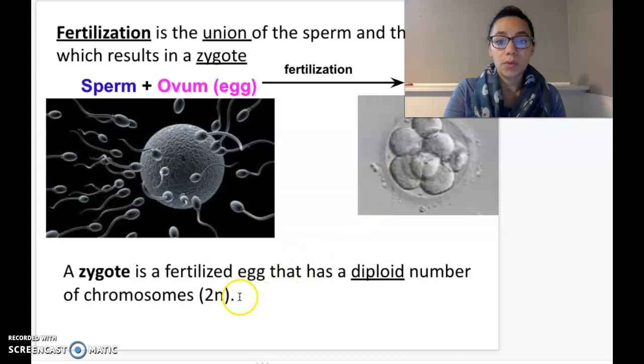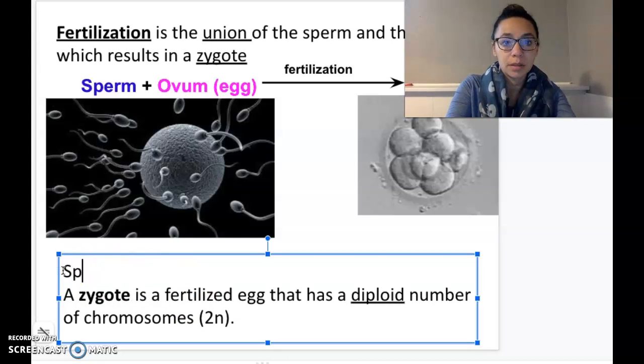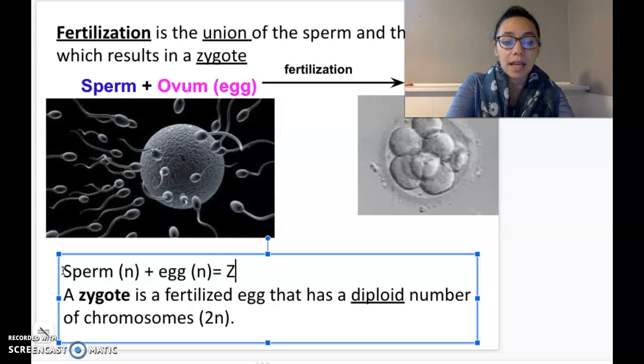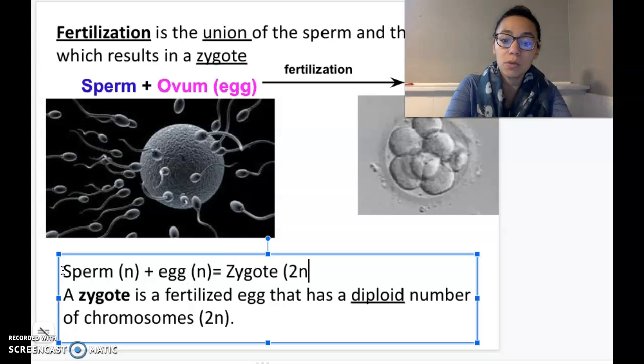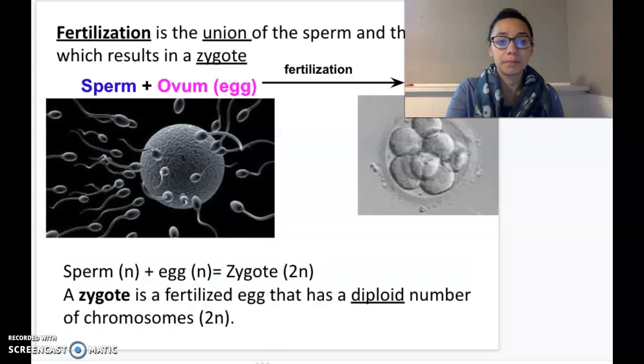So for example, the sperm cell, sperm is N, haploid, right? The egg cell has a haploid number of chromosomes, right? And when they come together, they make a zygote, which is 2N, a diploid. So two haploid cells come together and their chromosomes unite, and we end up with twice the number of chromosomes, or a diploid number of chromosomes.